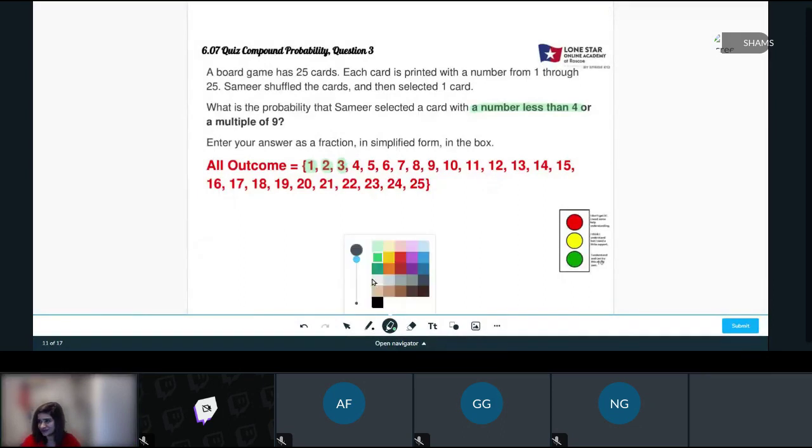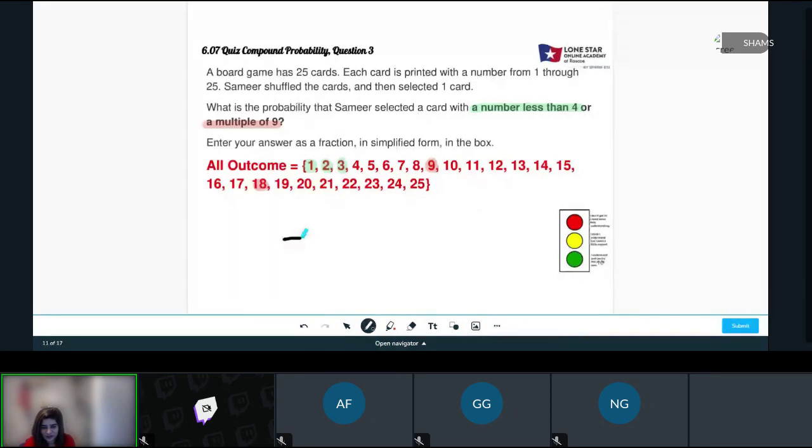or a multiple of 9. So multiples of 9 are going to be 9, 18, and 27 is not there. So these are all the favorable outcomes out of 25 outcomes. Total outcomes are 25.